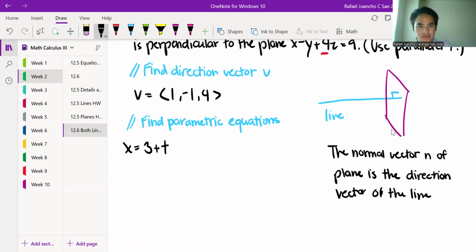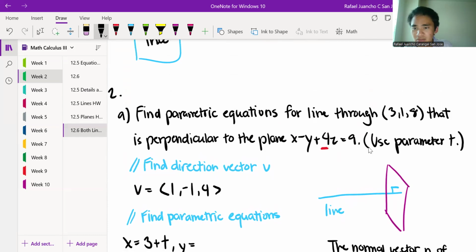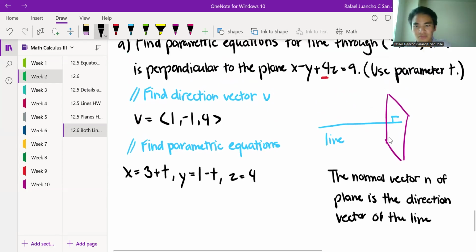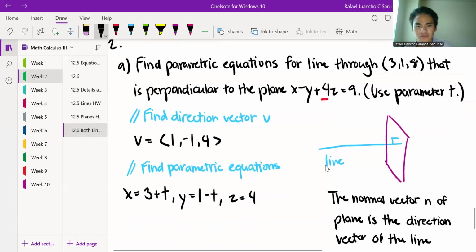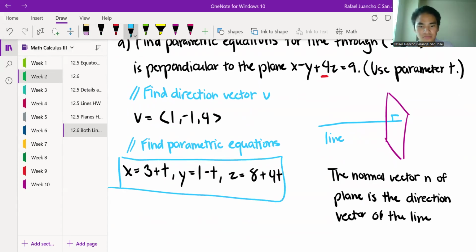So I'm going to multiply this by t. y is y naught plus bt, so 1 minus t. z is 8 plus 4t. Wait, why did I say 4? It should be 8, from (3, 1, 8). That's it. 3 plus t, 1 minus t, 8 plus 4t. Done.